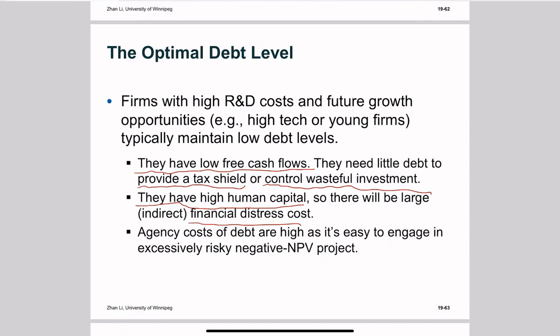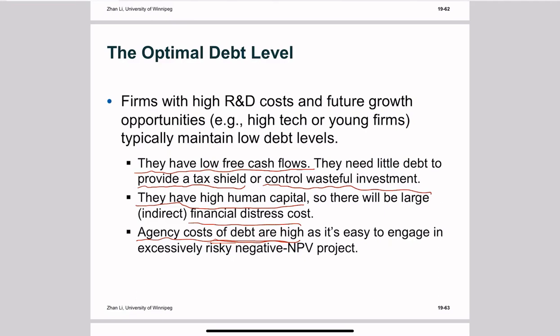And then the third reason is from the perspective of the agency costs of debt. So basically, you can see that these young firms, high-tech firms, have a lot of investment opportunities.